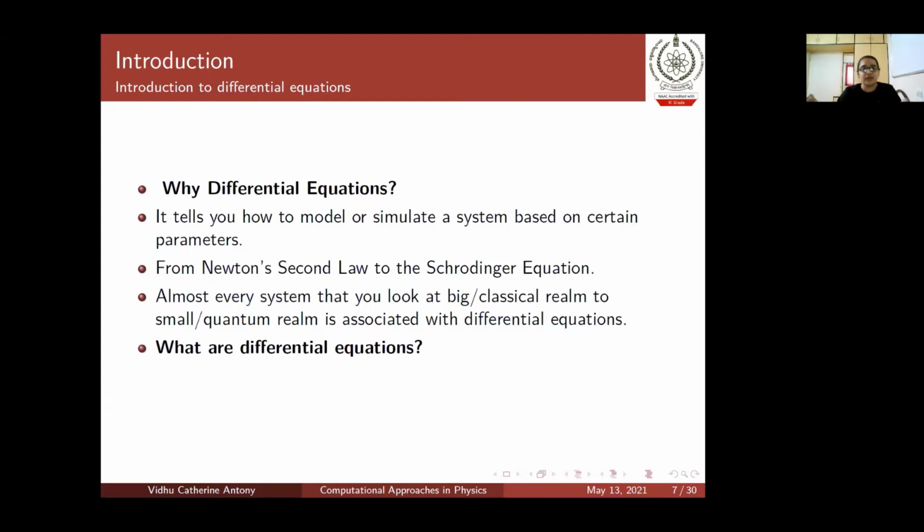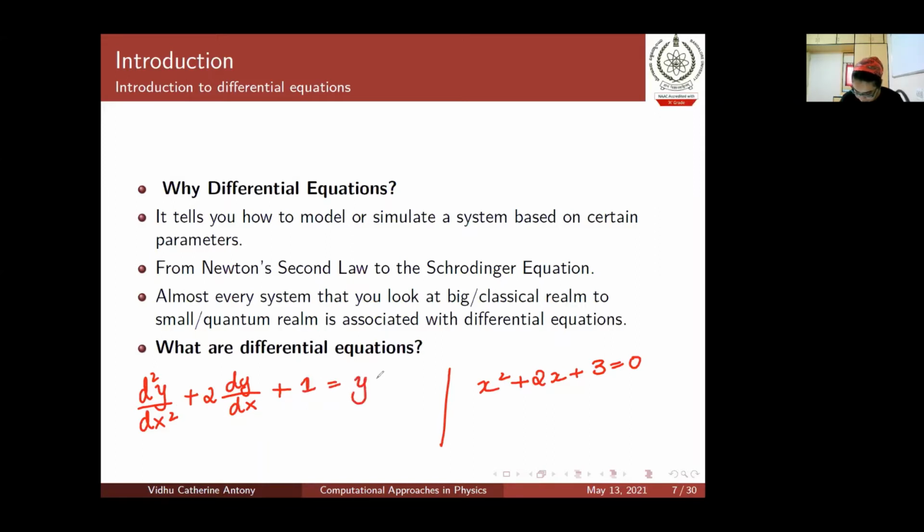Unlike an algebraic equation, say x squared plus 2x plus 3 is equal to 0, in your differential equation you have, let's say, d squared y by dx squared, and let's just write 1 here, is equal to y.